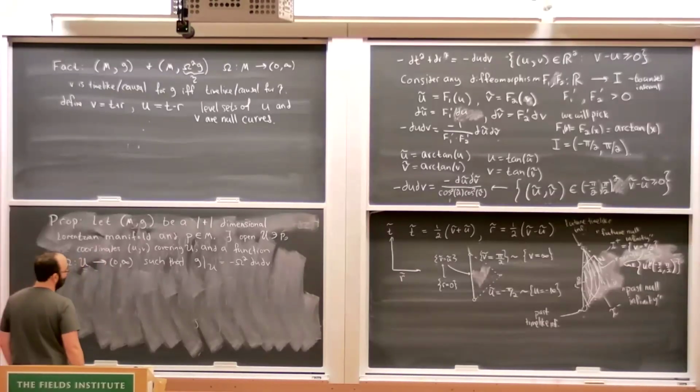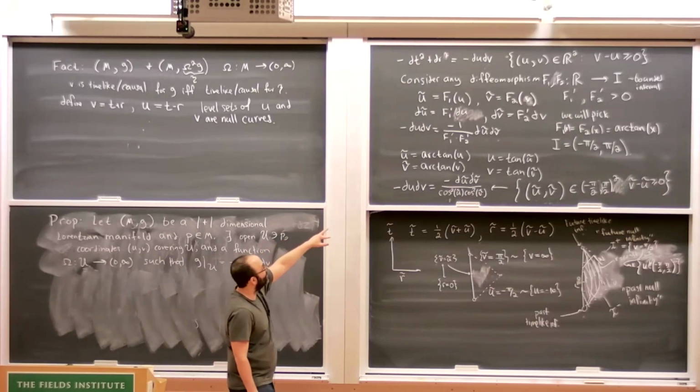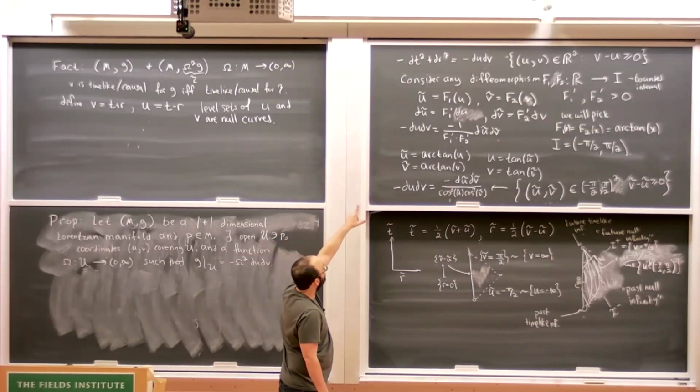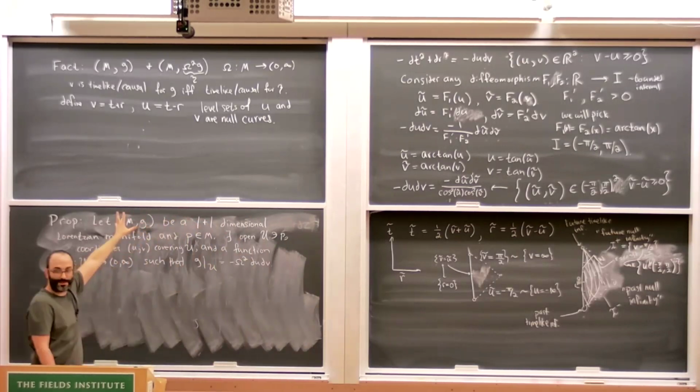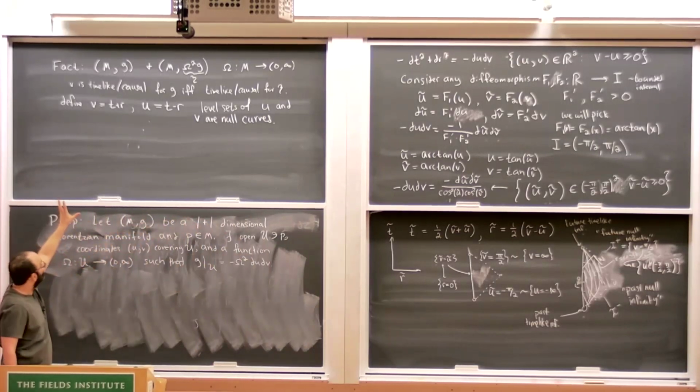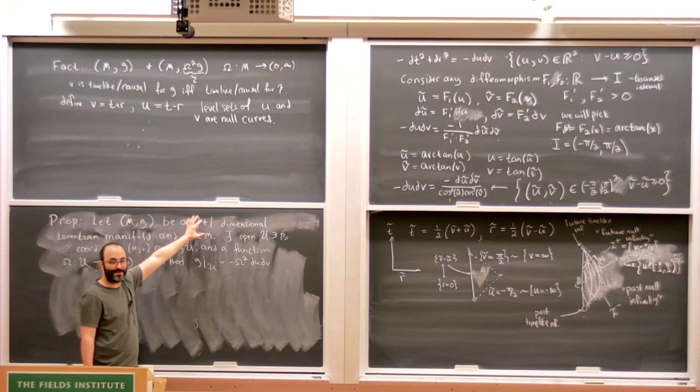Okay, so that tells you that this is similar to this first step, where we got this dt du squared, and I just introduced, by hand, v and u, t plus r and t minus r. That might seem ad hoc. But if you work locally near a point in a 1+1 dimensional spacetime, it is not actually ad hoc.